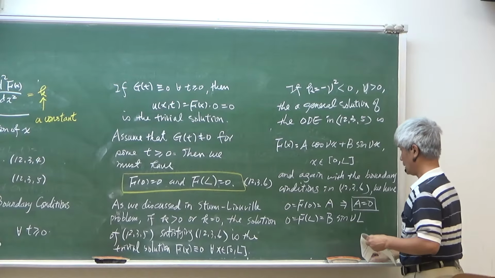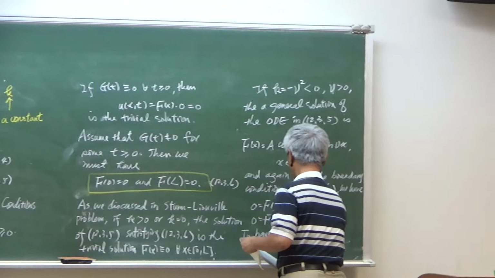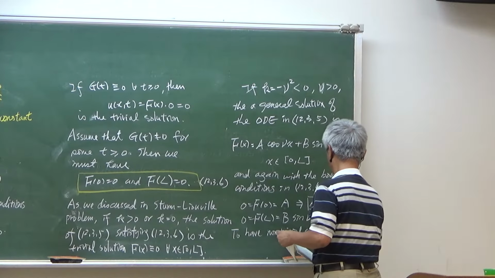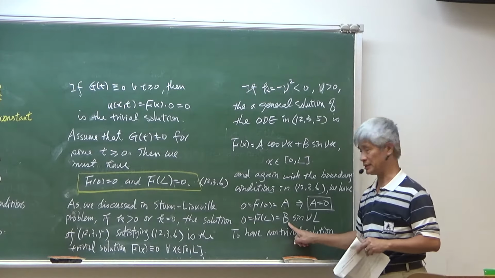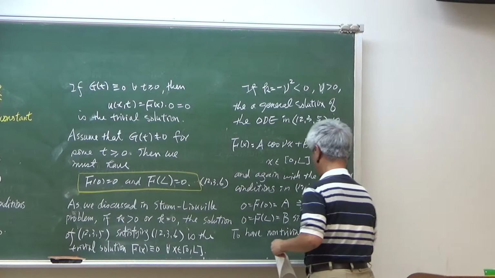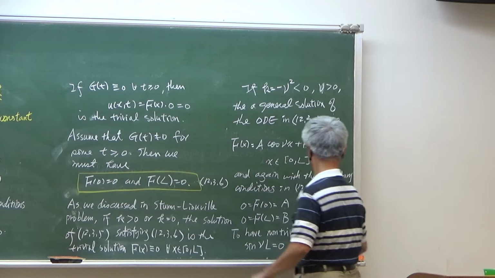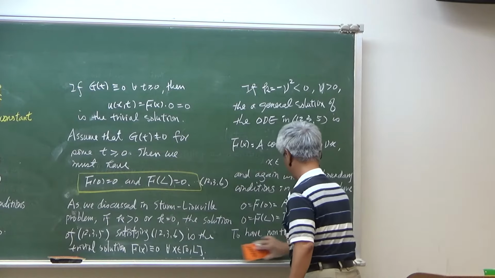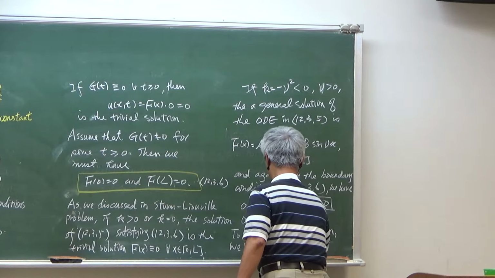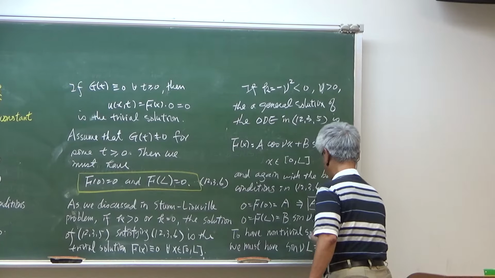And now, again, to have a non-trivial solution means that B cannot be 0, so sine mu L must be 0. We must have sine mu L equals 0.